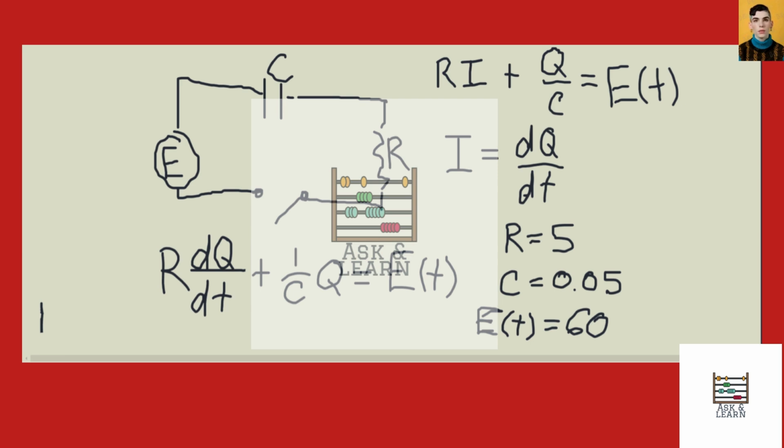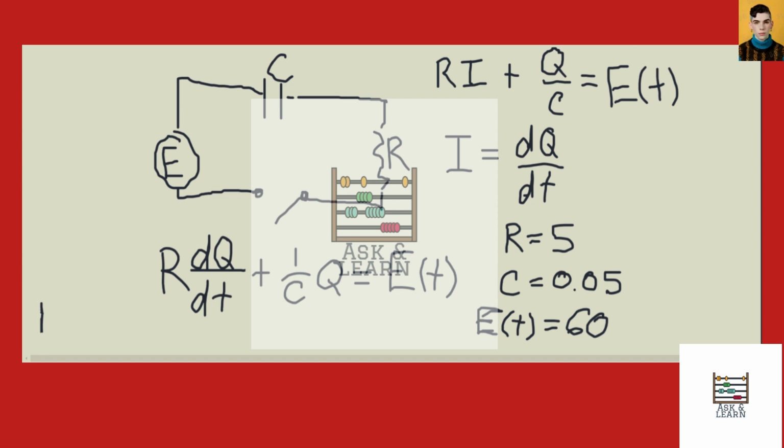By Kirchhoff's law, we know that the voltage drops summed together equal the voltage coming out of the battery. So the voltage drop across the resistor is Ri, and the voltage drop across the capacitor is Q over C, where Q is the charge.